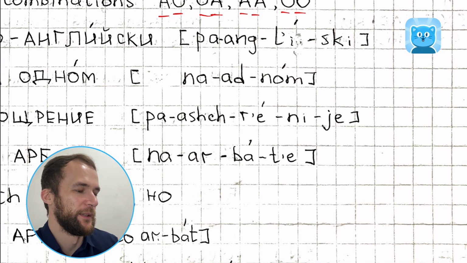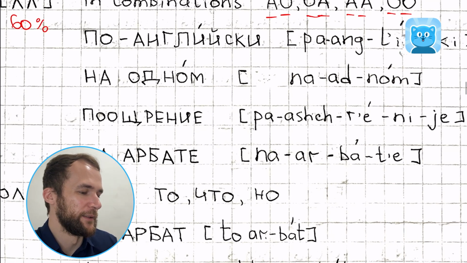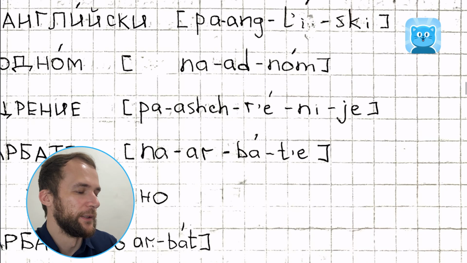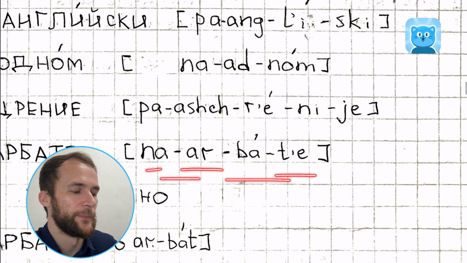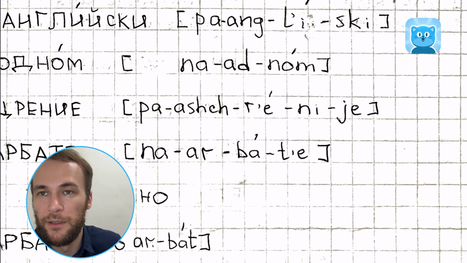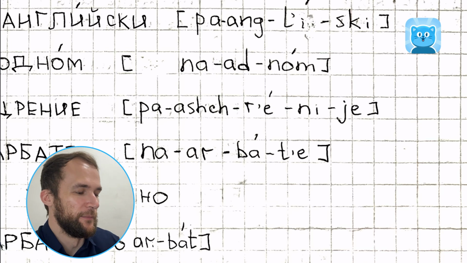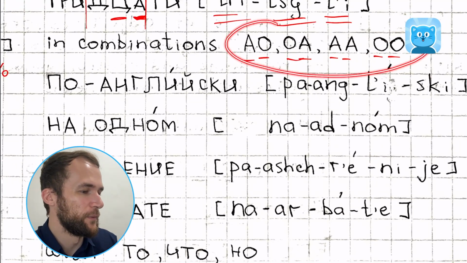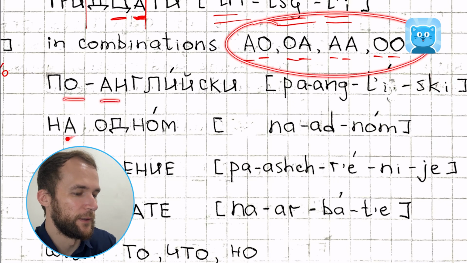Поощрение. Okay, and на Арбате. On the street Arbat in Moscow, a famous street, right? So you see how these combinations work here.